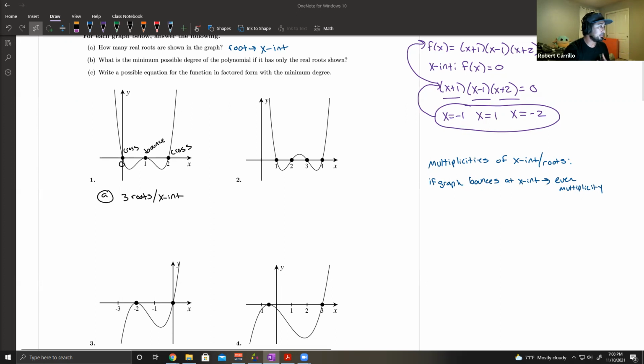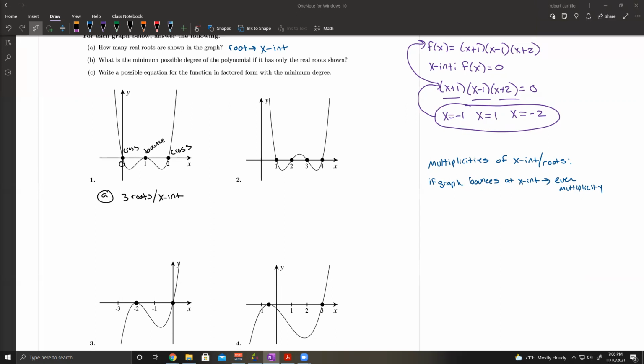Now, multiplicity deals with the degree. So if you have even multiplicity, what is the smallest even number? 2. So this means that the smallest degree, the smallest exponent, the smallest power that this x-intercept could have is a degree of 2.